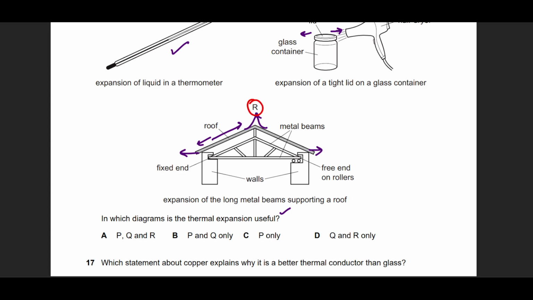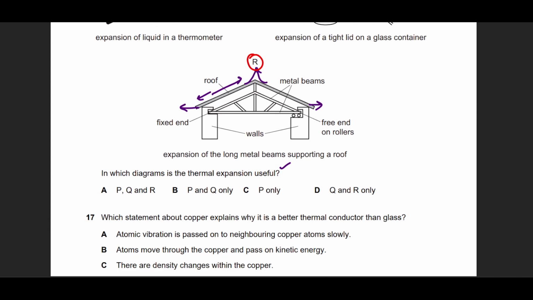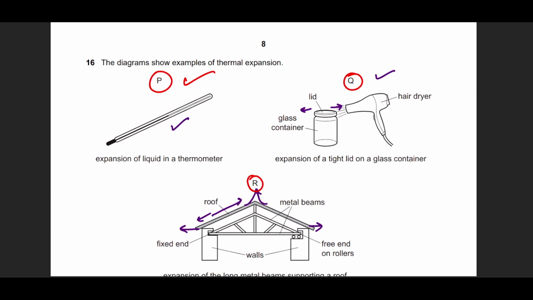So in R, we cannot afford expansion because everything is fitted into very tight tolerances, and even in construction we can't allow this expansion, at least. So it's not useful. We want this in P and Q, but we don't want this in R. So 16's answer would be B.